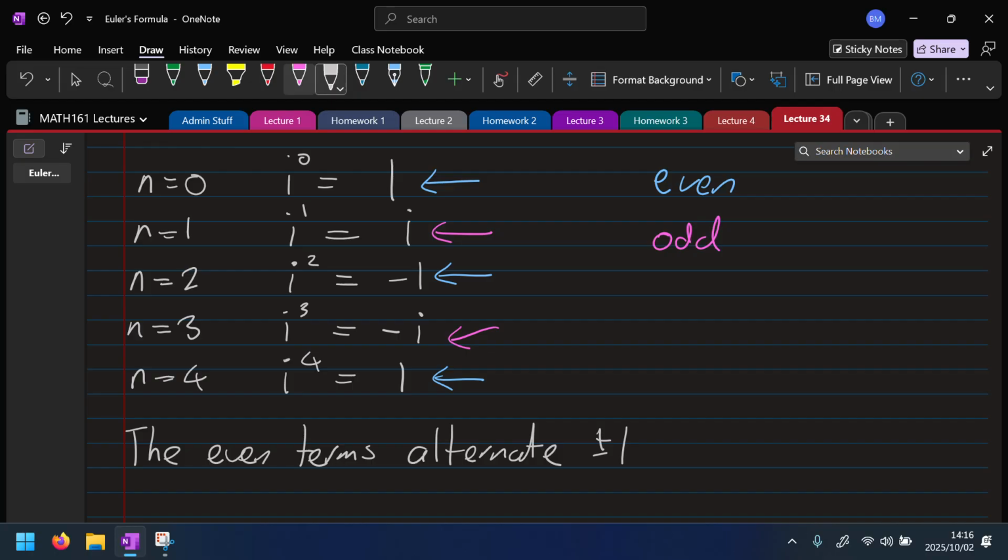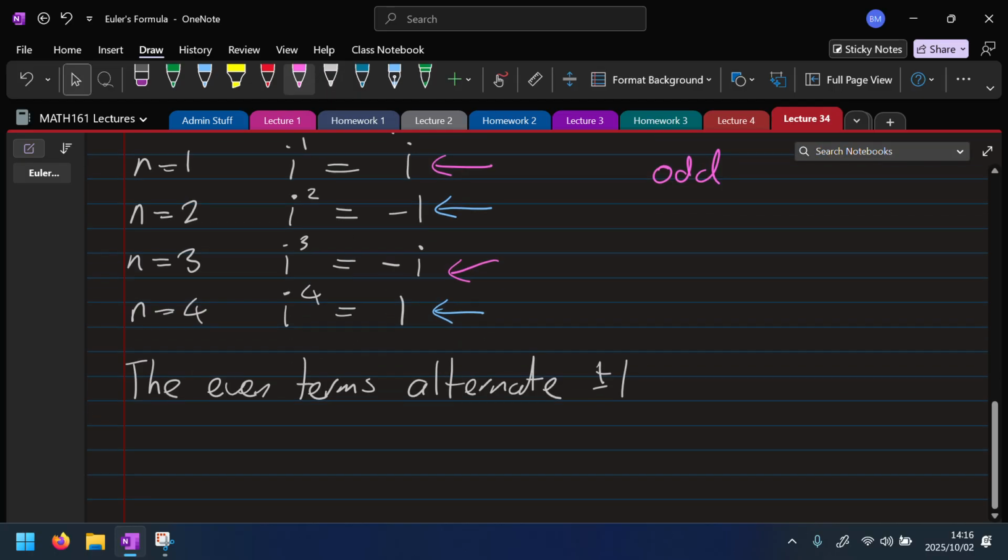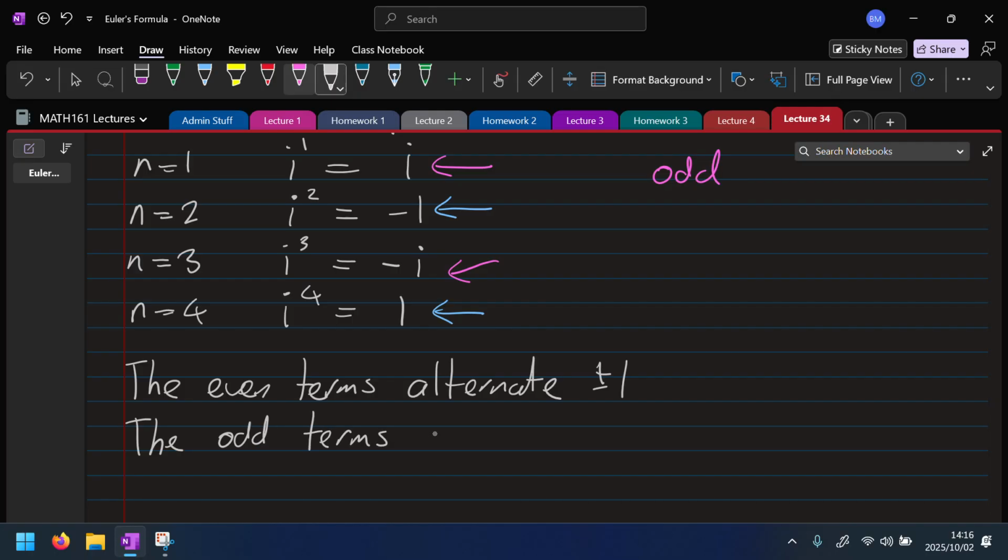Okay, and then the odd terms, it's i, minus i, i. They alternate in the same way. So the odd terms alternate plus and minus i. Okay, similar to the even terms.